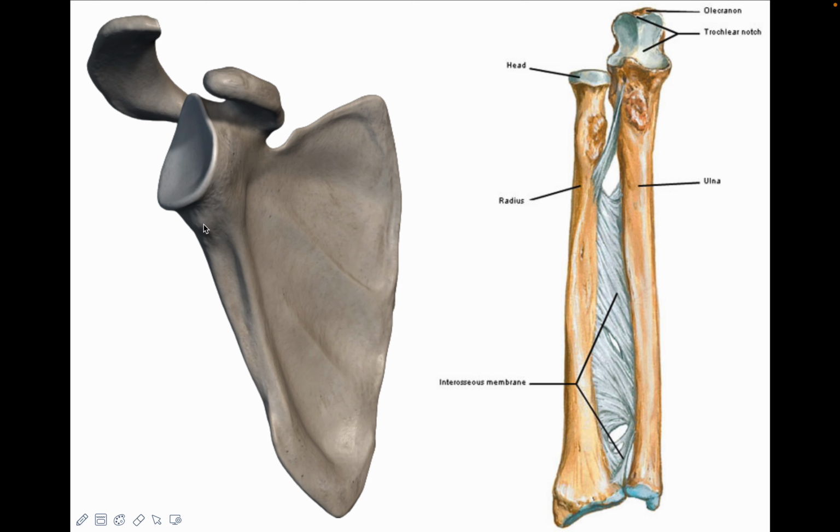There is a tubercle below this glenoid cavity and there is a tubercle above this glenoid cavity. The tubercle above is known as the supraglenoid tubercle and the tubercle below is known as the infraglenoid tubercle. So in the context of biceps, the supraglenoid tubercle gives origin to the long head of the biceps brachii muscle.